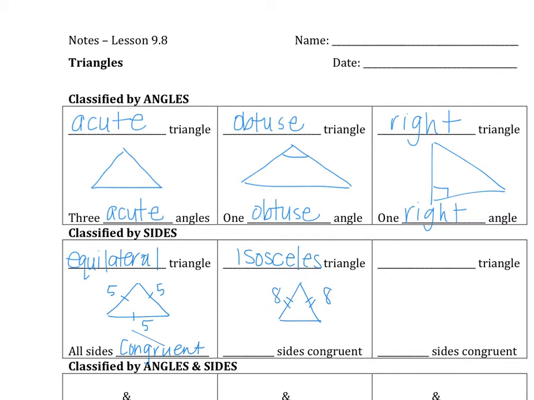And so this is 2 sides are congruent. And then a scalene triangle means that no sides are the same. So let's say this is 3, 6, and 7. So no sides are congruent.